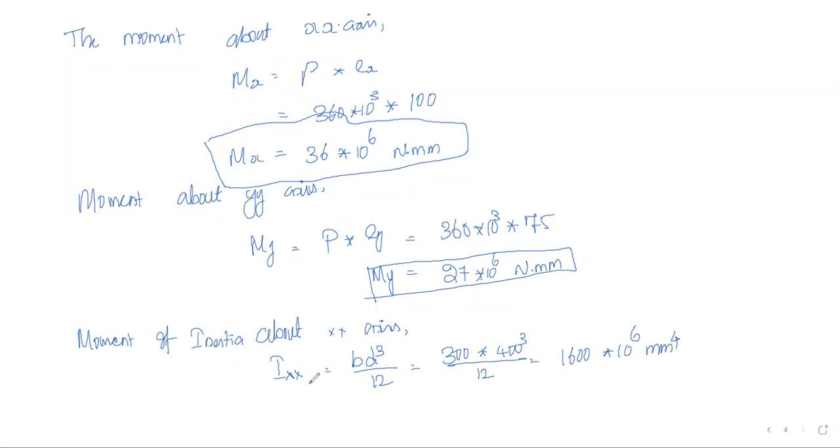Similarly, Iyy about y axis is b cube d by 12. So 300 cube into d divided by 12. So it becomes 900 into 10 to the power 6 mm to the power 4.